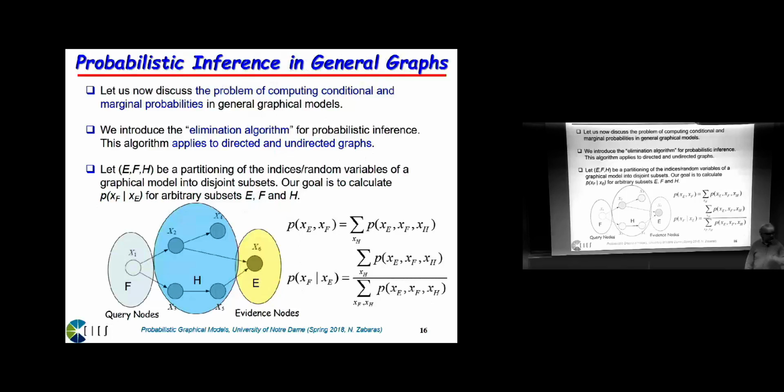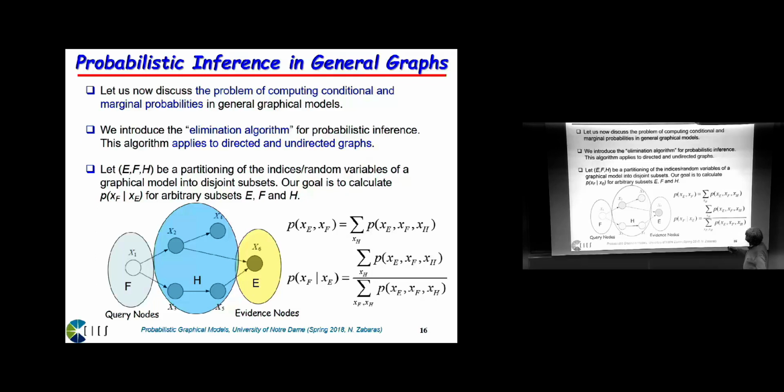Okay. So I'm going to start with the elimination algorithm, basically tell you things we already have seen and then try to introduce some graph concepts that will make the elimination algorithm easy to program.